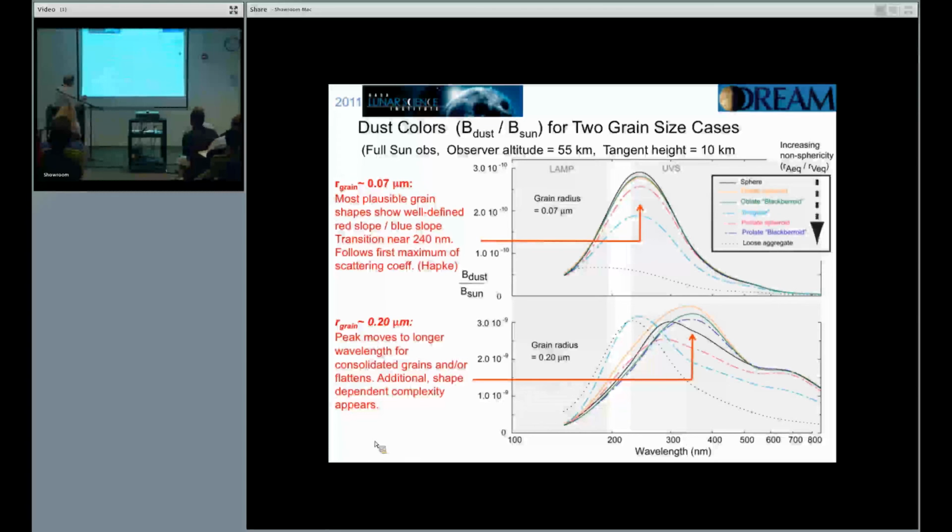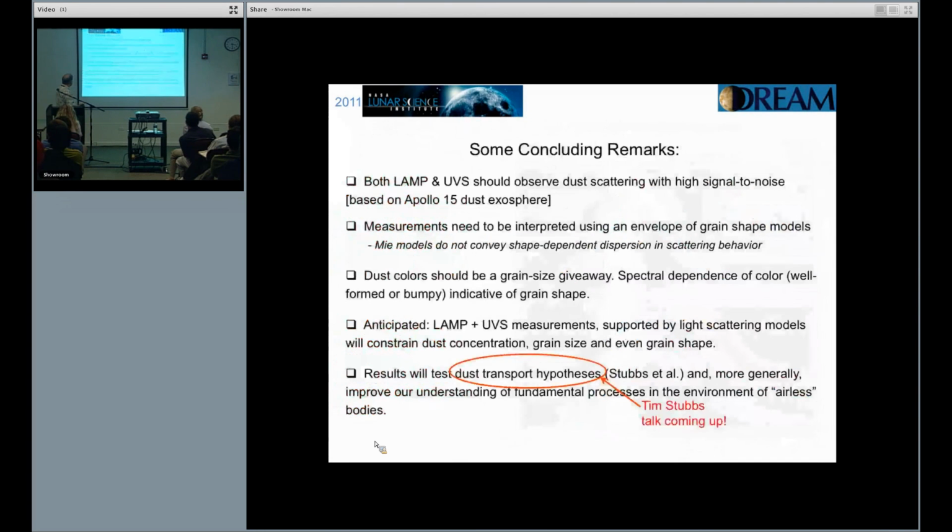But it does tell you that if you plot dust colors, I'm sorry, I should have mentioned at the beginning, that's the dust intensity with the steep solar spectral slope taken out, that color information gives you grain size and possibly shape information as well. It's an interpretation problem.